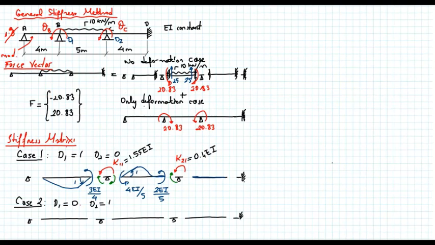Now I apply K22 this time, and K22 will create a unit rotation, so this is equal to 1. Then I will apply K12, and K12 will keep the rotation at this point equal to 0. So the deformed shape will look like that.